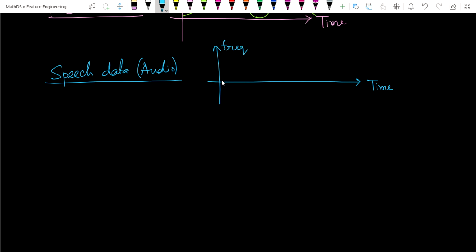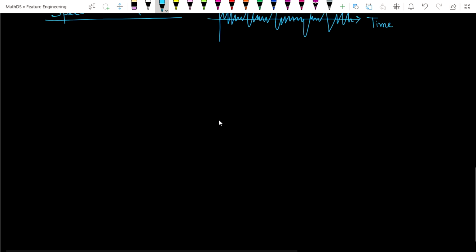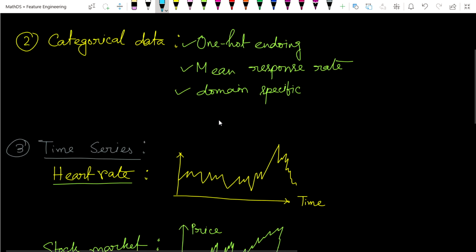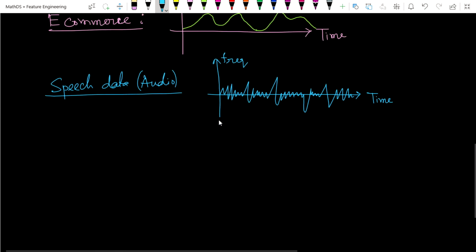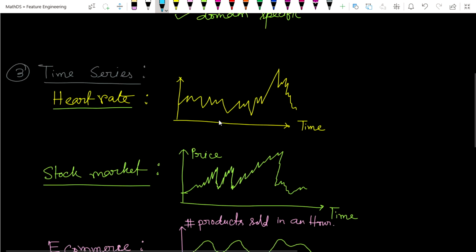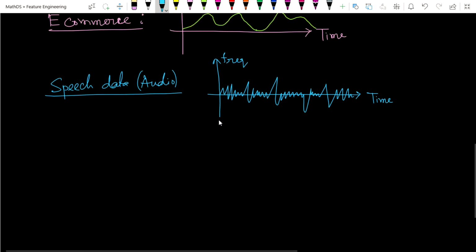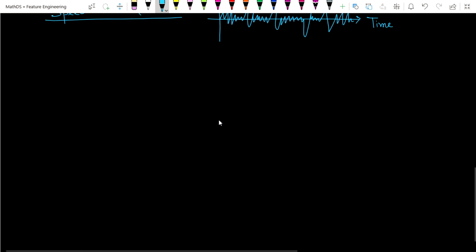So this data depends on the frequency. This kind of audio data is also a time series. So these are mainly time series data, and there is a huge amount of it. I think you got the point of what kind of time series data there is.